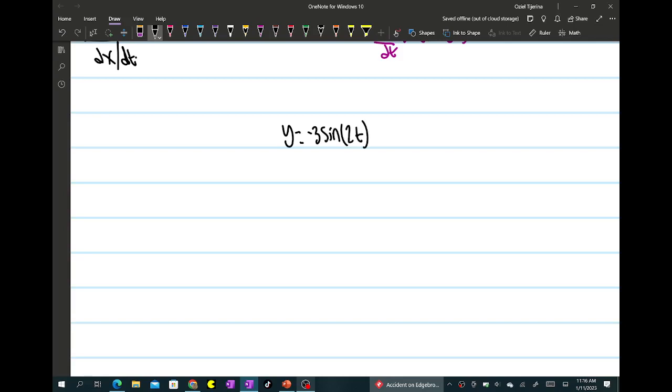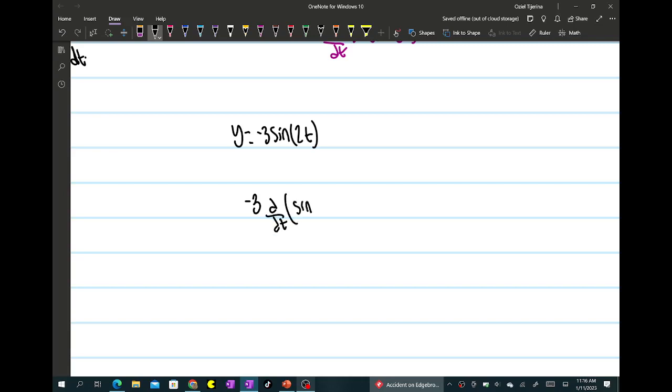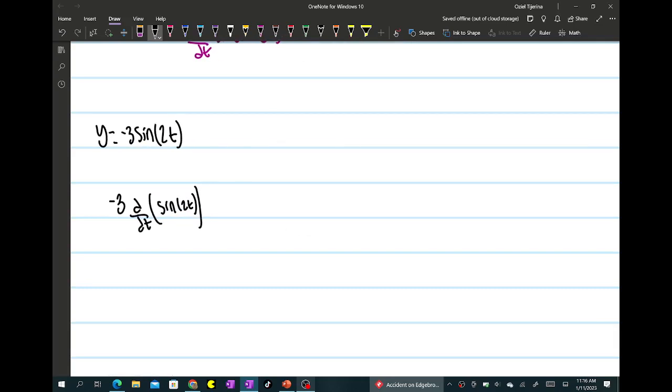Basically, what you're going to do here is, again, use the chain rule. So it's going to be negative 3 times d/dt of sine of 2t, right? The derivative of sine of 2t is going to be the cosine of 2t, and then times the derivative of 2t.